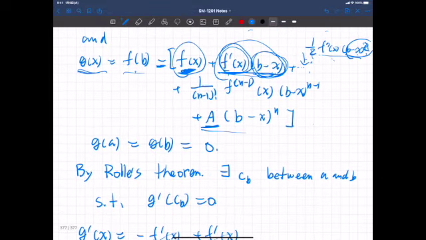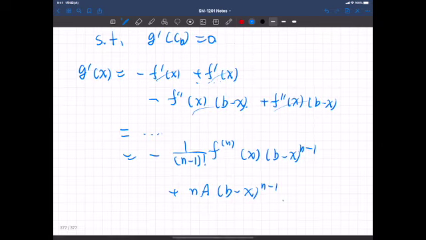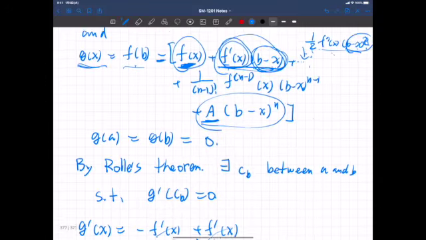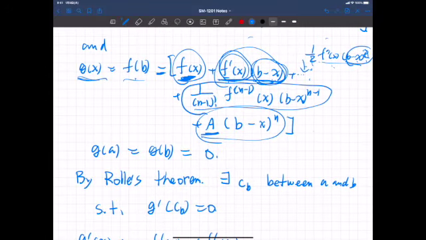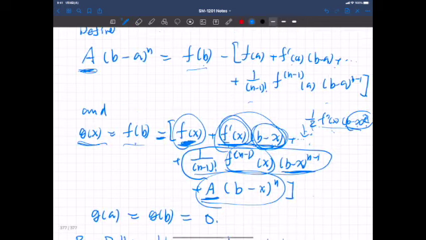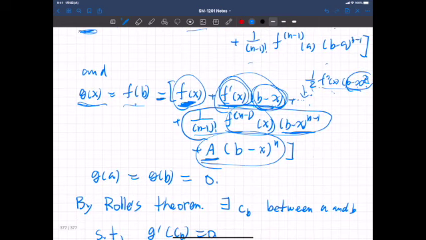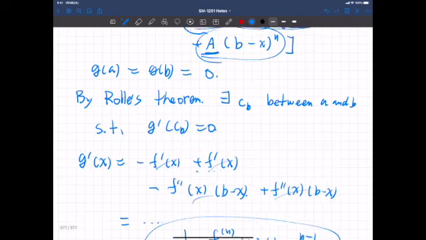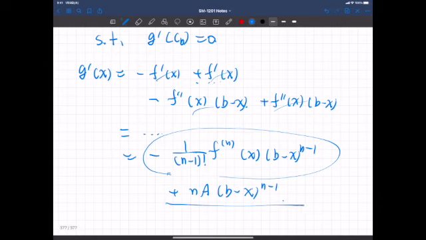So the last term appears from here, and this term comes from this part, where we differentiate this part and leave this part untouched. Okay, so that's this one. And the part we get by differentiating this part will be cancelled by some previous terms. Okay, so that's what we have at the end.